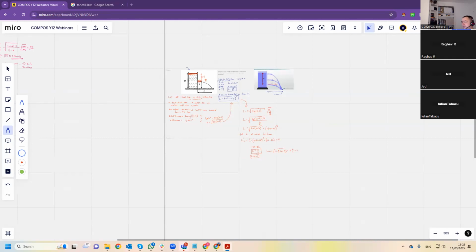I meant linear displacement from the middle. You can approximate. You can use small angle approximations. So it's a horizontal displacement, but you can use small angular approximation.